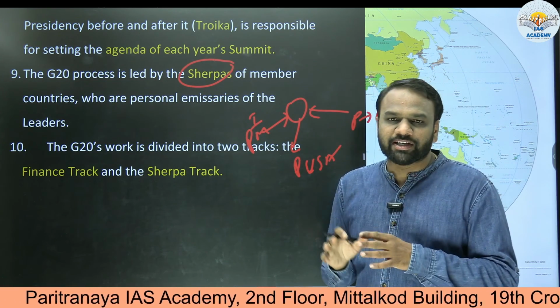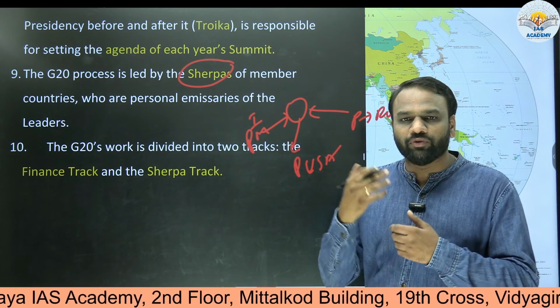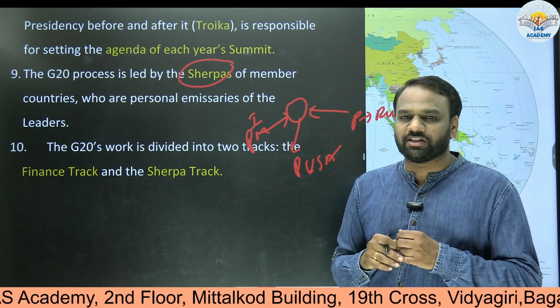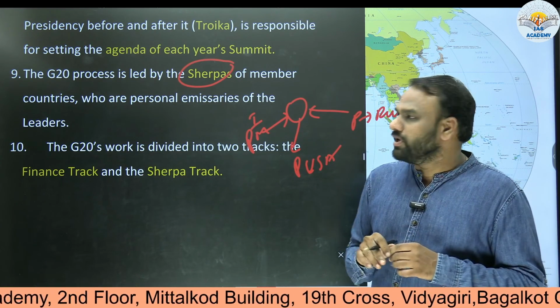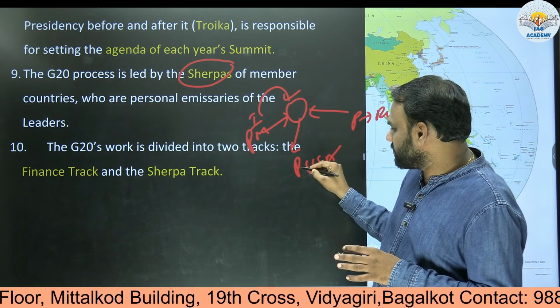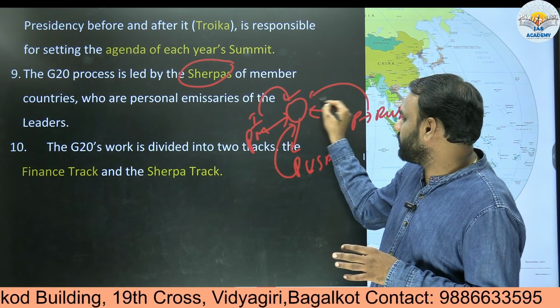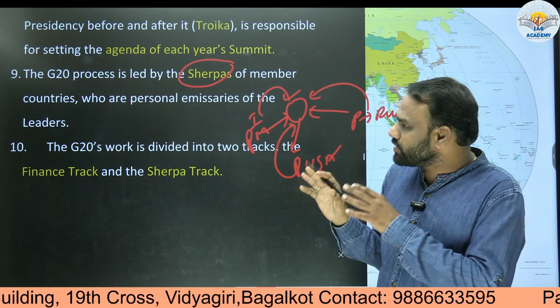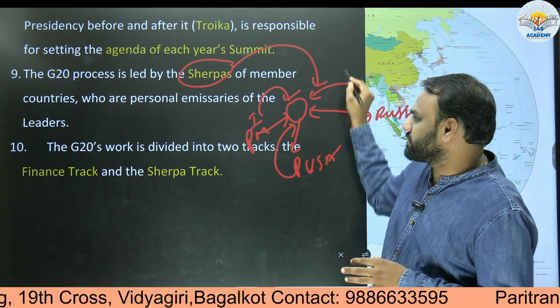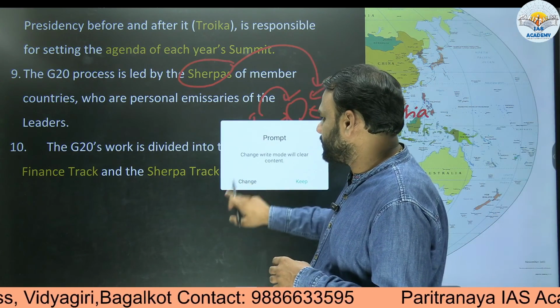For day-to-day discussions, on what kind of issues we should focus and how the event should be hosted, the prime minister and president cannot go. So rather than the prime minister, a representative of the prime minister will go. Similarly, a representative of the president will go, and the president of Russia's representative will also go to G20. Those representatives are called Sherpas. That much information would be sufficient with respect to Sherpas.